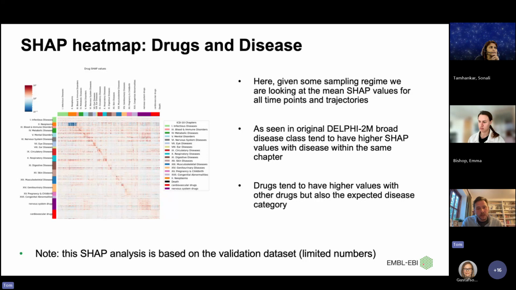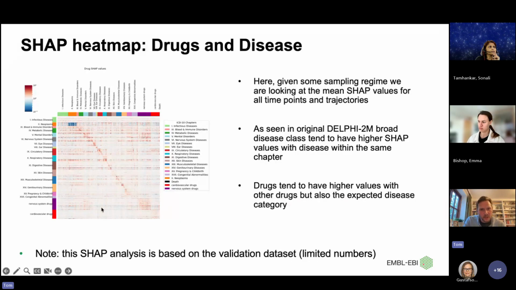And here we're looking at the same kind of heat map, but with drugs included alongside all the ICD-10 chapters. What you can see on the whole is that the prescription of one drug within a drug class is impacting the model's ability to predict that you will be prescribed another drug within the same class, which maybe is not too unsurprising.